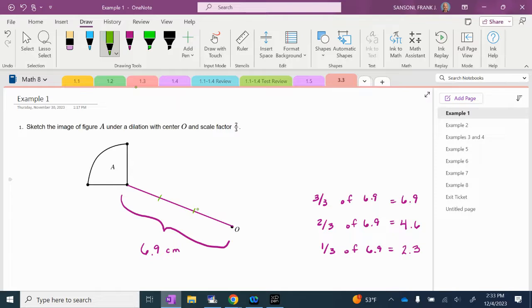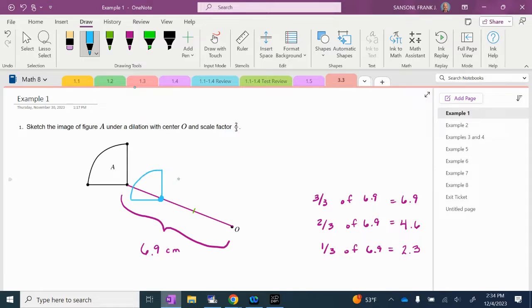So reductions are closer to the point of dilation than the original. So let's go right here. And then for the sake of time, we're just going to draw this straight out. And we're going to draw this straight up. And then we're going to do, it looks like a baseball diamond.